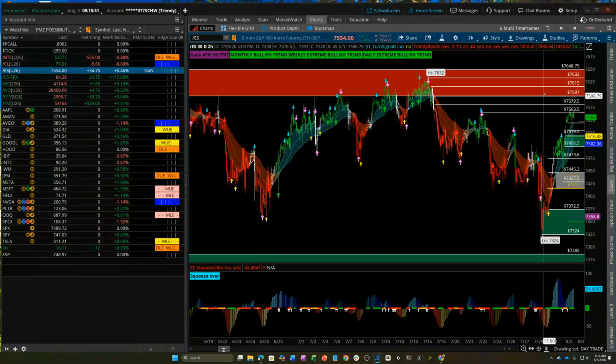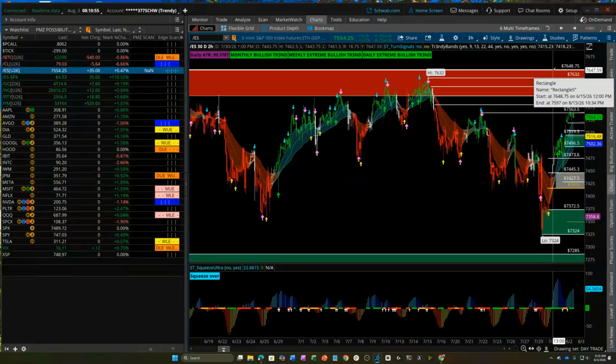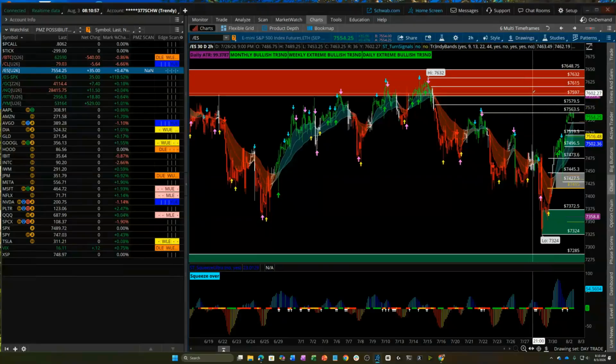If you're long, you can use these as targets inside of a zone. If you're looking to go short and you're looking to scale in, you can use these as levels to add to your position. And that's why I like to have levels inside of those zones. And so inside the supply zone for me, 76.15, 76.32, and then the all-time high, 76.48.